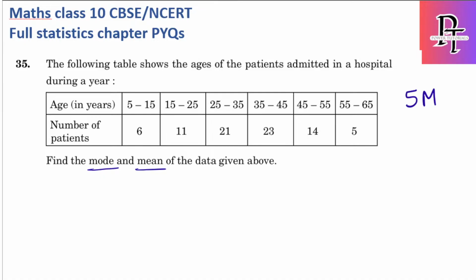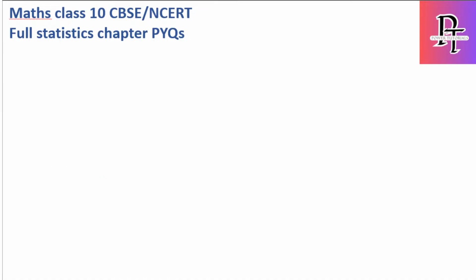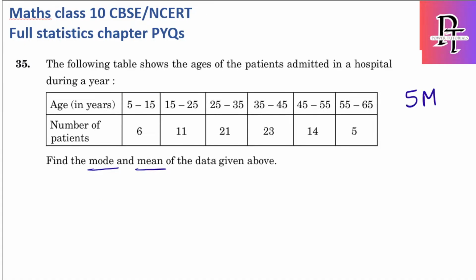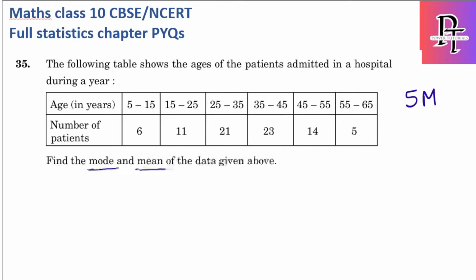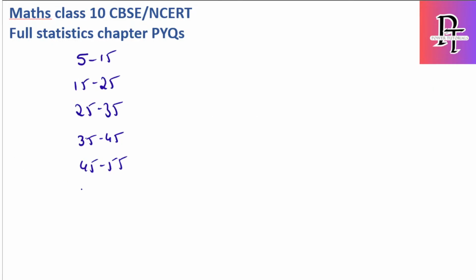Let's write the table in the other order, because for mode and all we have to write in this vertical way. It is 5 to 15, 15 to 25, a gap of 10 each, fine. It is 5 to 15, 15 to 25, 25 to 35, 35 to 45, 45 to 55, and the last one 55 to 65.